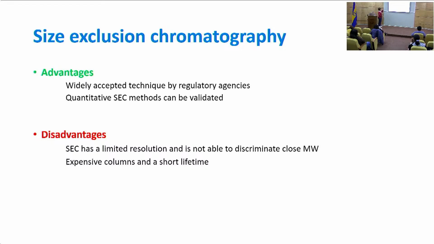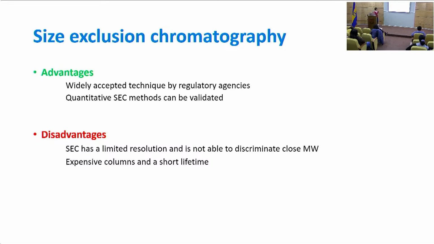So to conclude with size exclusion chromatography, there are several advantages, because it's a technique widely accepted by the regulatory agencies, and also it's a quantitative method which can validate the precise percentage of unwanted species, which is important for the quality control attribute.